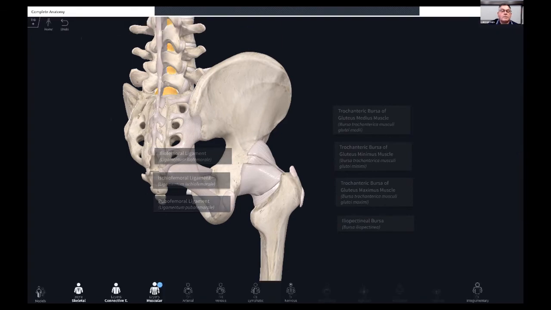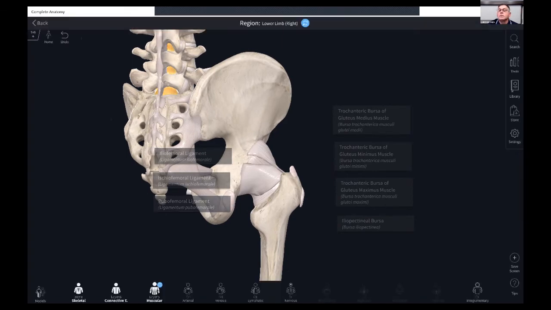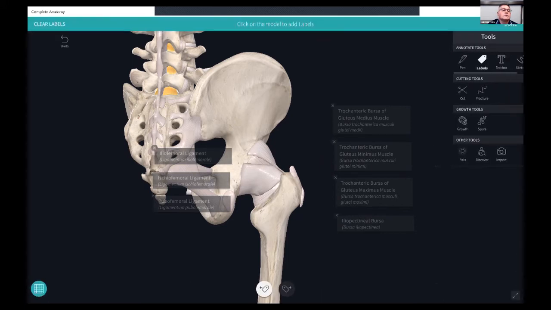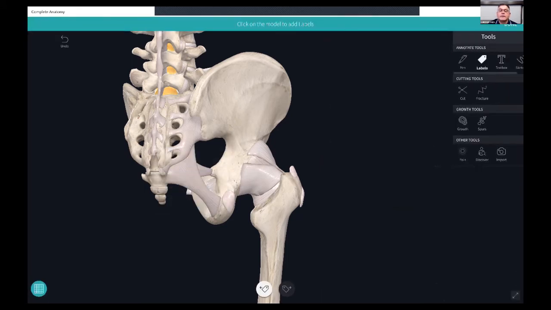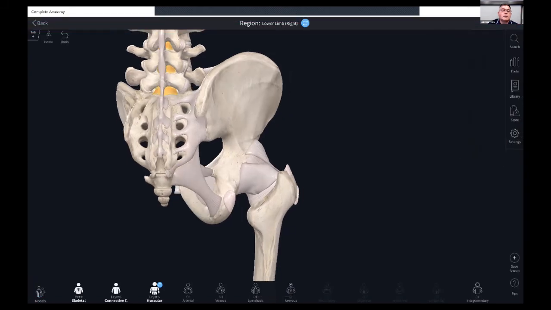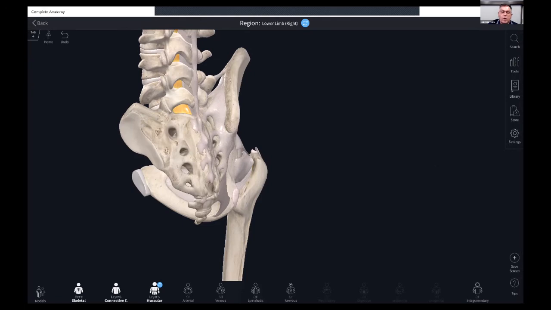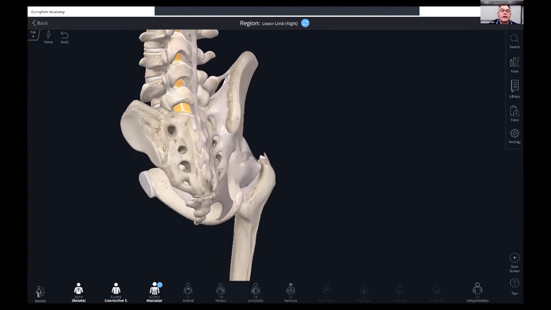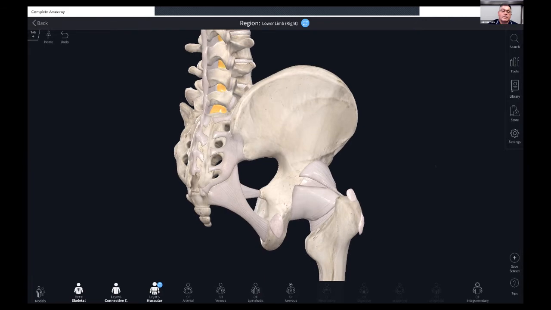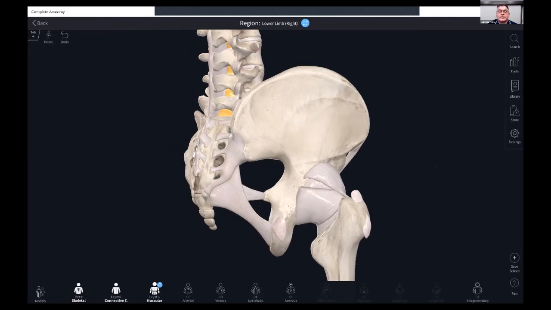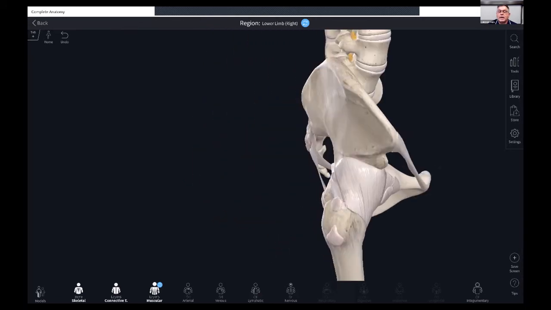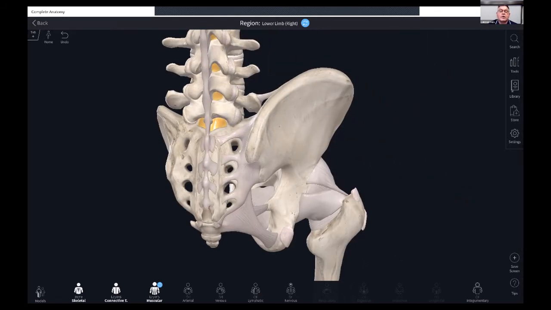Let me clear all of what we've got here and get rid of our labels. So obviously with the hip, we consider all of the sacropelvic and sacroiliac tendons and ligaments, simply because of its location. It can be involved. It's very frequent to have a hip issue and have to deal with an SI problem as well.